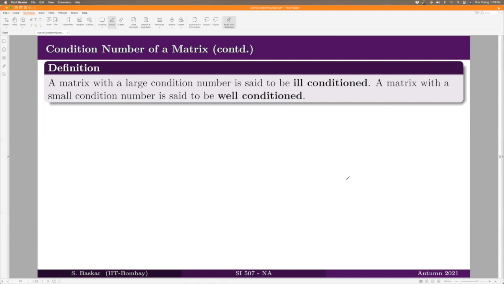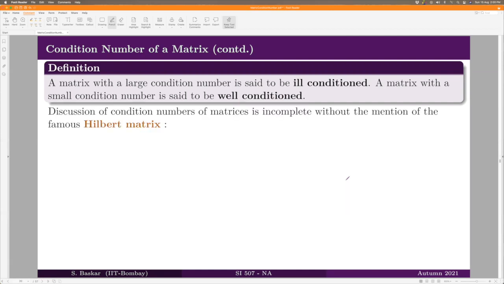Again, small and big depends on how much you can tolerate the error in your problem and also how good your computer is. So we really cannot quantify how big or how small before deciding whether something is ill conditioned or well conditioned. It purely depends on your own situation.